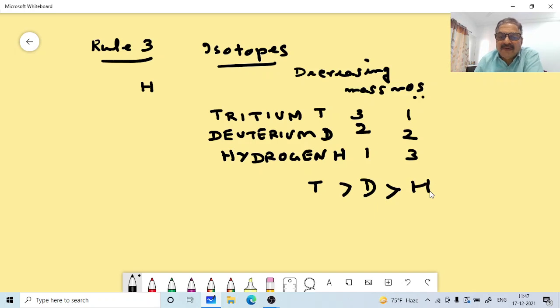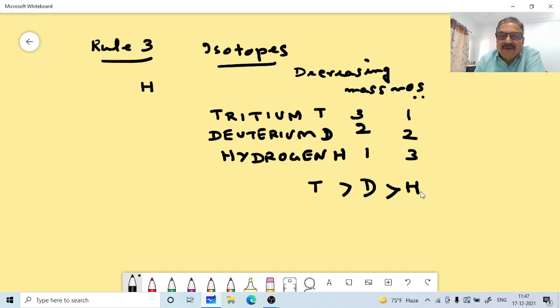This is the order of priority in the case of isotopes. An example of hydrogen we have shown here. So this is rule number 3 in the case of isotopes. Comparing the 3 isotopes, we can do like this, in the order of decreasing mass numbers.